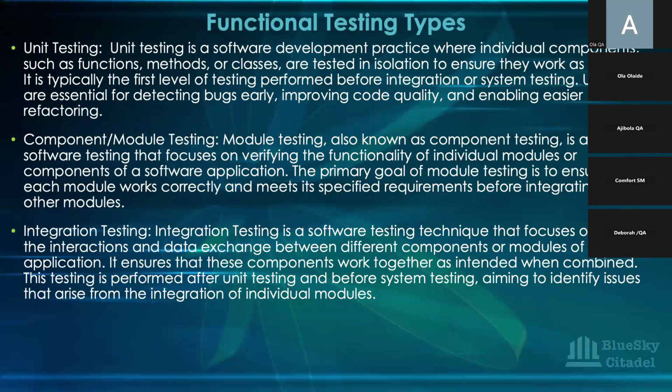So we have different types of functional testing. The first one is unit testing. Unit testing is a software development process where individual components such as functions, methods, or classes are tested in isolation to ensure they work as intended.